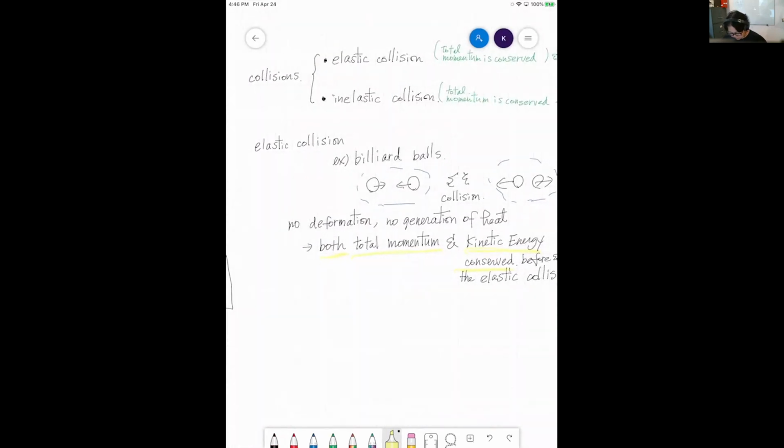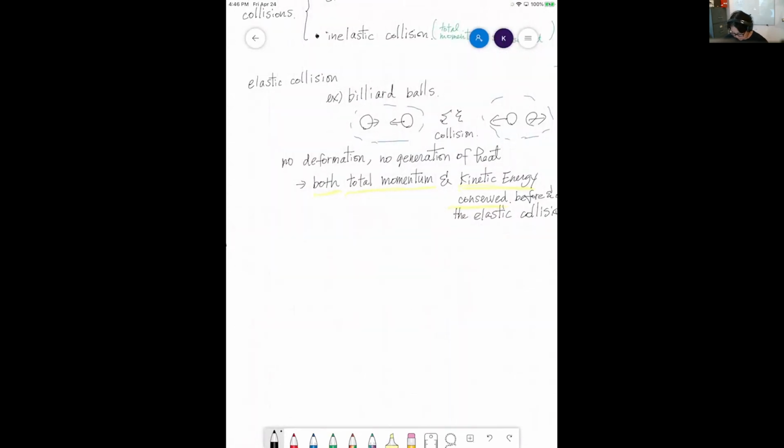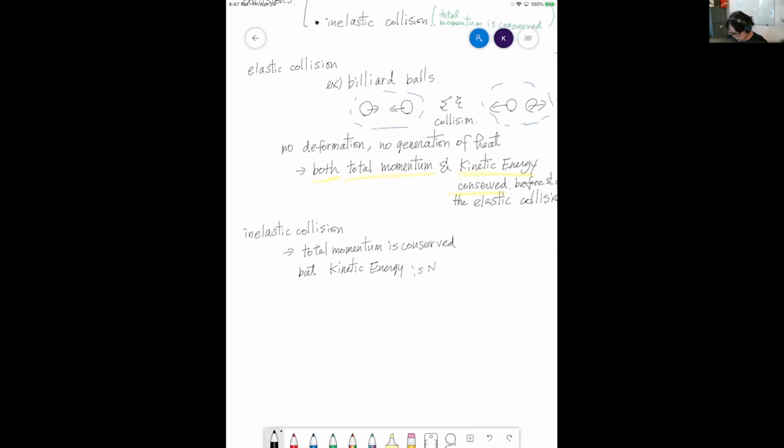Inelastic collision: total momentum is conserved, but kinetic energy, which I'm going to define in the next chapter, is not conserved.